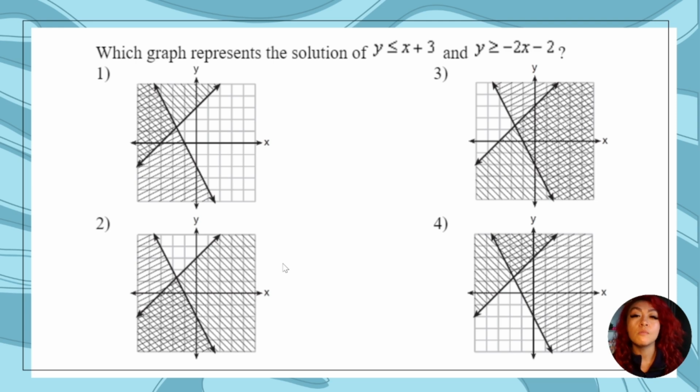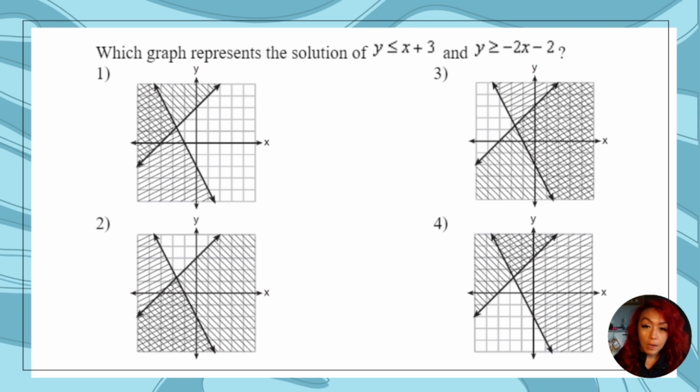Let's take a look at this multiple choice question. Which graph represents the solution of y is less than or equal to x plus 3 and y is greater than or equal to negative 2x minus 2? So we're going to use some testing strategies to cancel out some of the 4 options that we know can't be true, right?